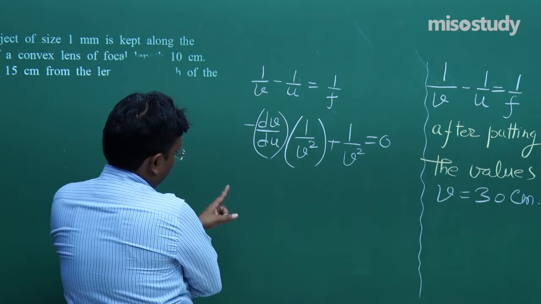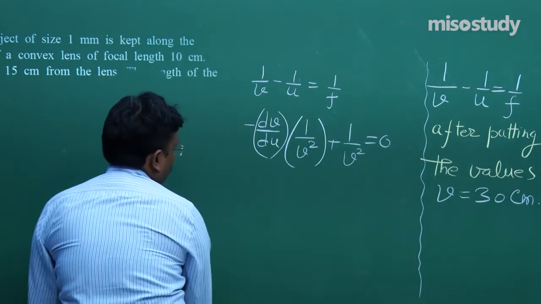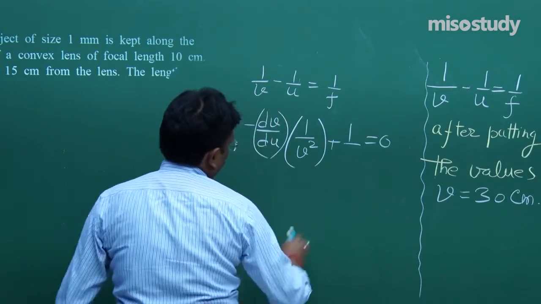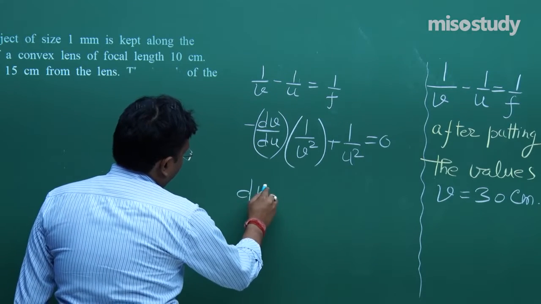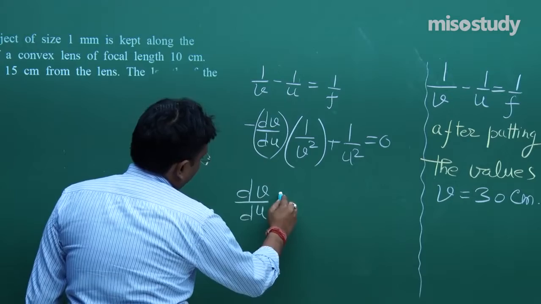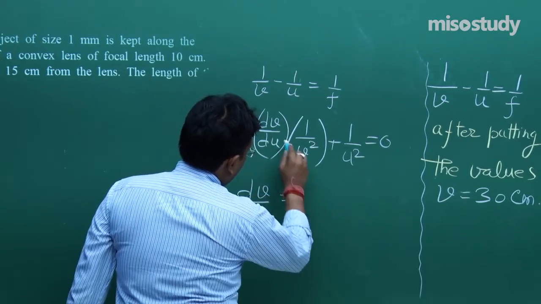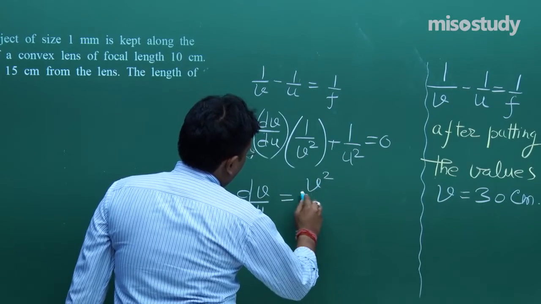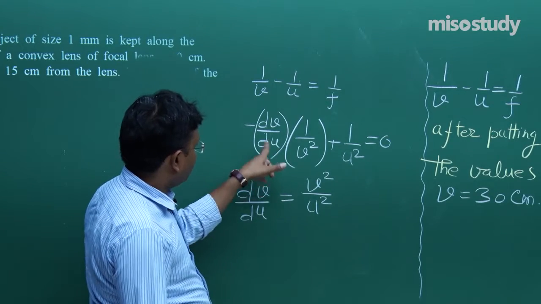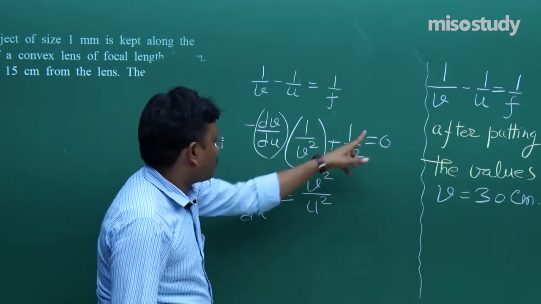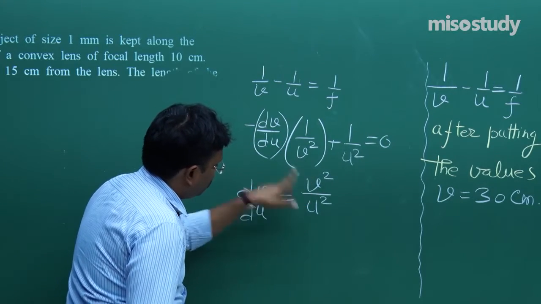So dV by dU is equal to V square upon U square. The minus sign is going to be cancelled.